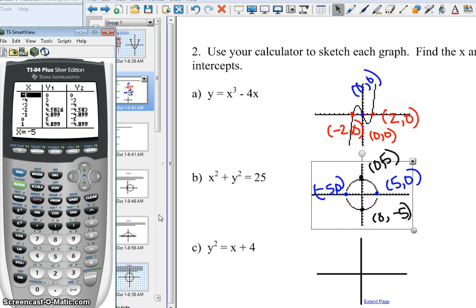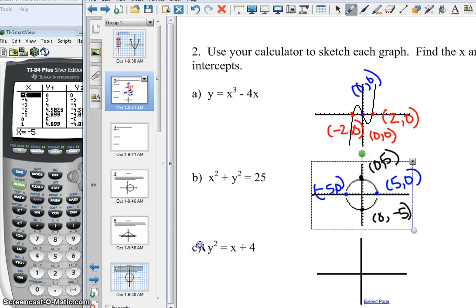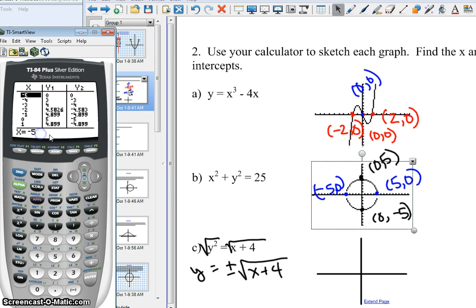y squared equals x plus 4. Just like last time, we need to take the square root of both sides. And so y is equal to plus or minus radical x plus 4. Take a look at that on your calculator.